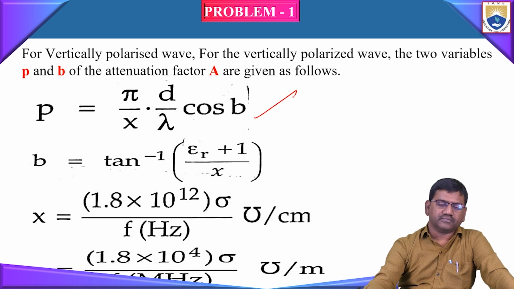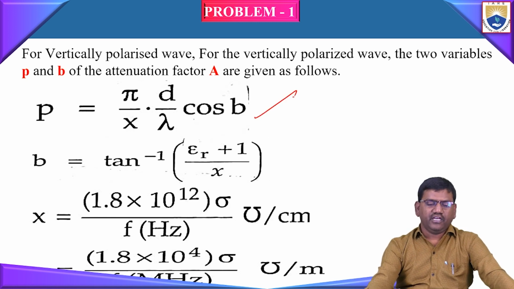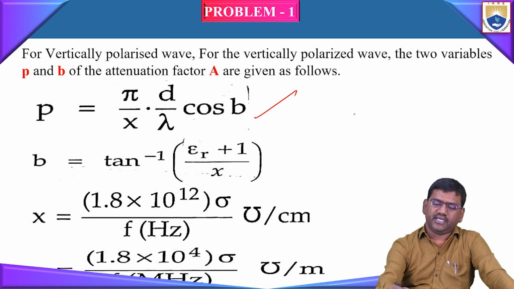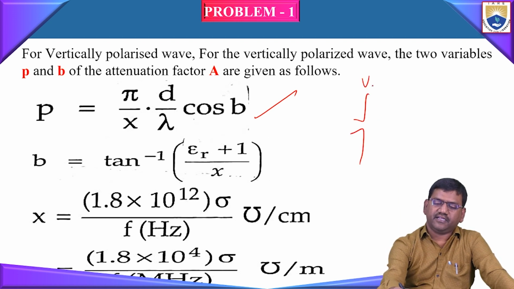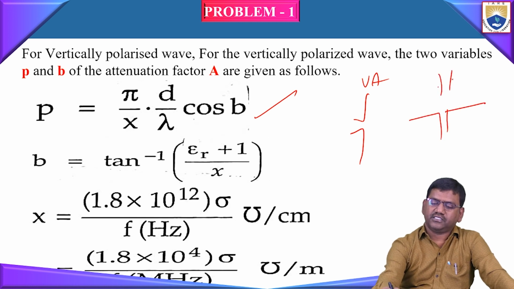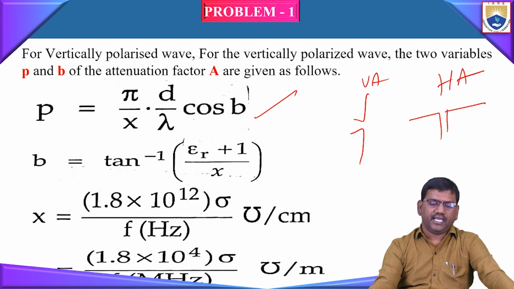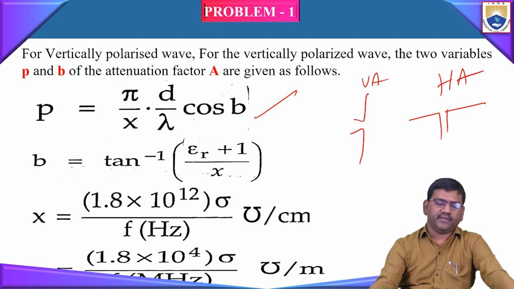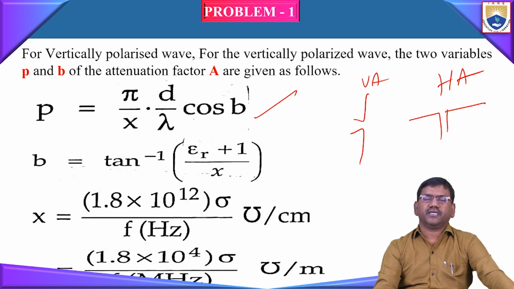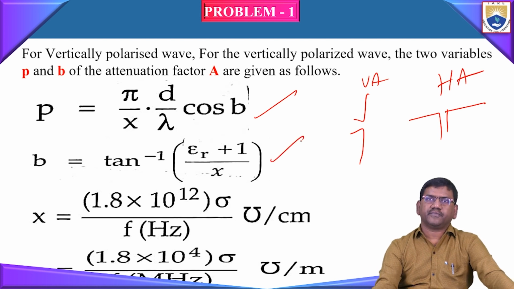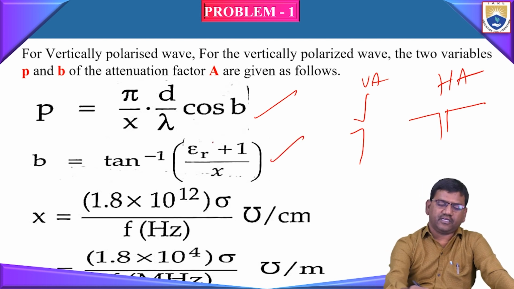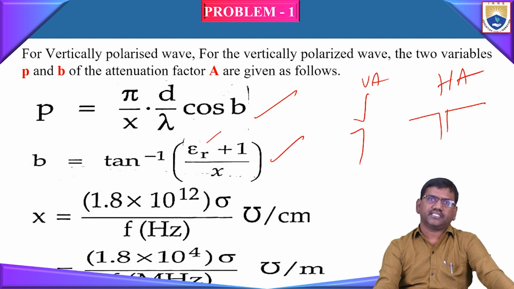Now let us find the value of P for a vertically polarized wave. Suppose the antenna is placed like this: this is a vertical antenna, and if we place the antenna like this, this is a horizontal antenna. So P is equal to pi by x, d by lambda. P and B are auxiliary variables, and B is written as tan inverse of (epsilon r plus 1) by x. Epsilon r represents the relative permittivity of the earth.